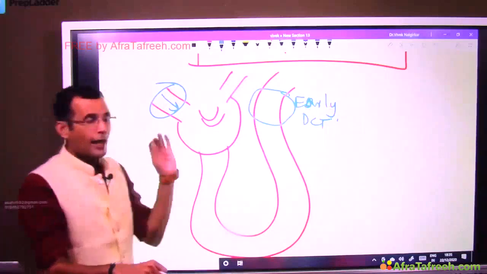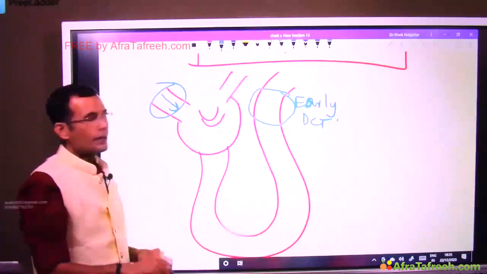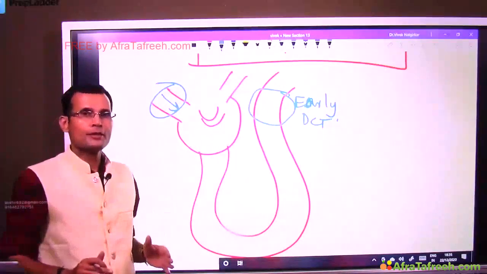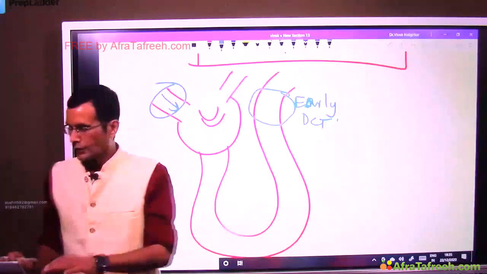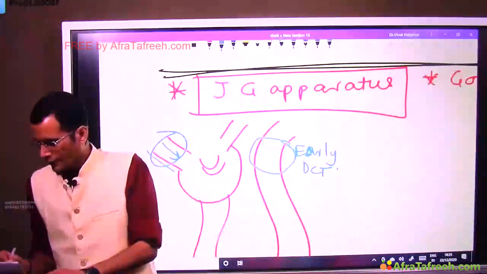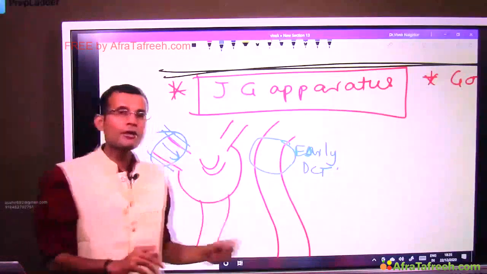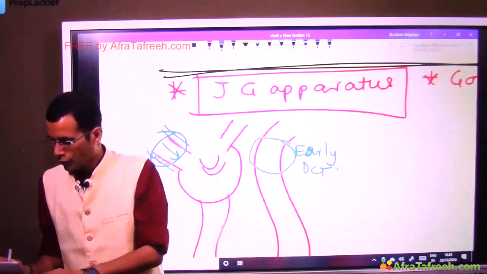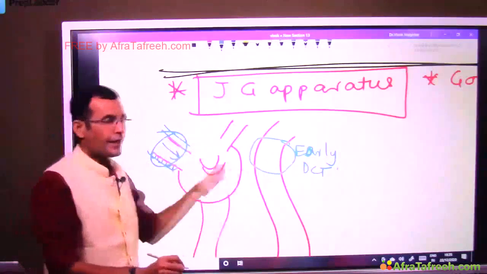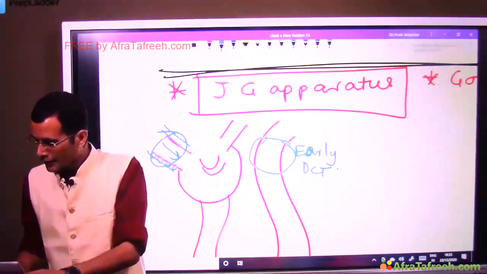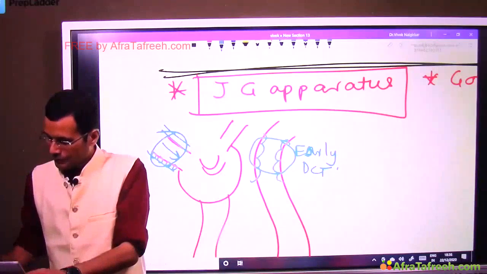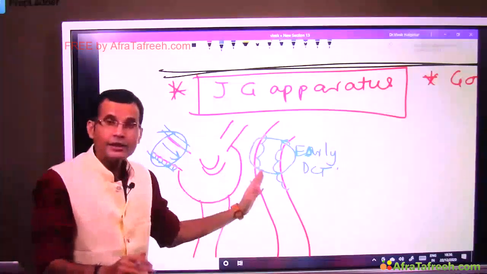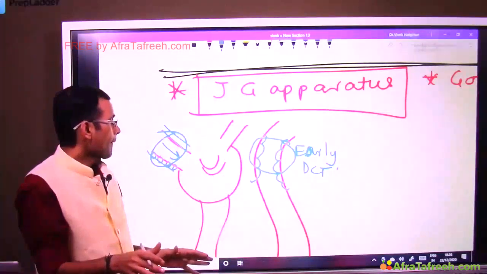Okay, and so there are three cells in this complex. First, the cell in the wall of the afferent arteriole. Second, the cell in the early DCT, that cell which is lining the early part of DCT.